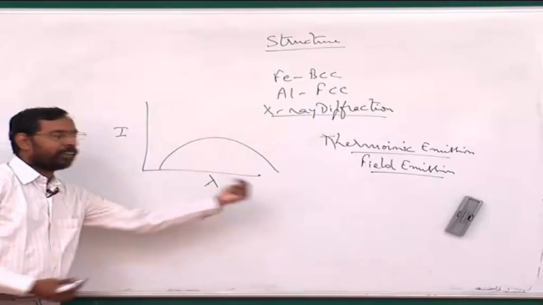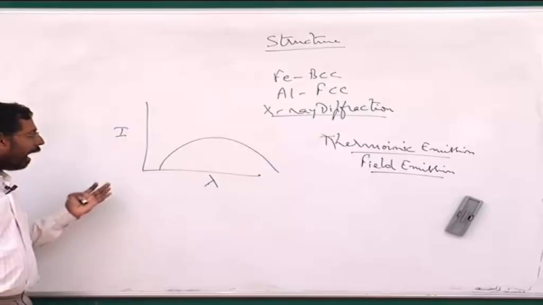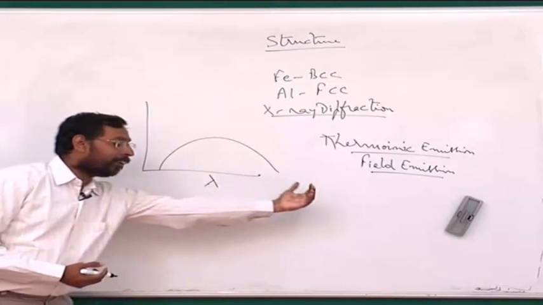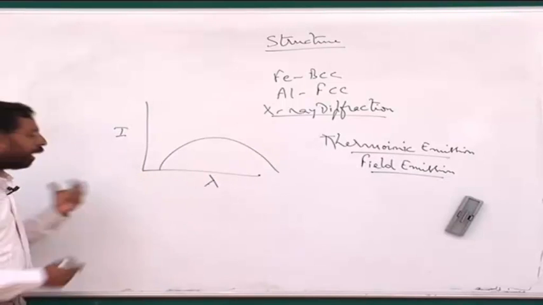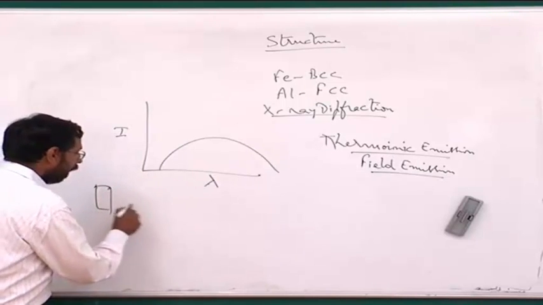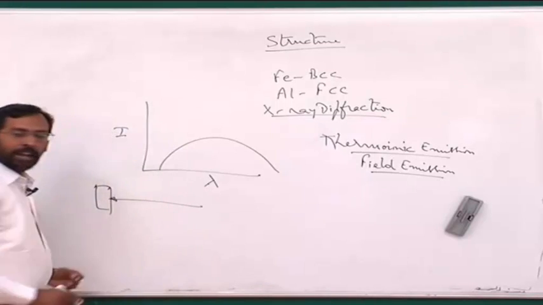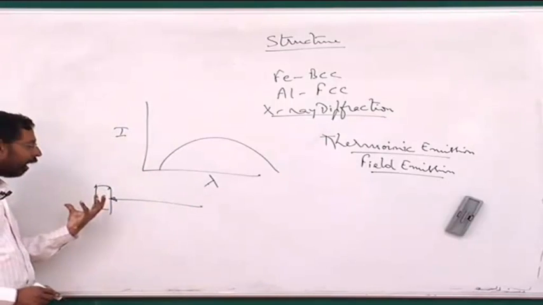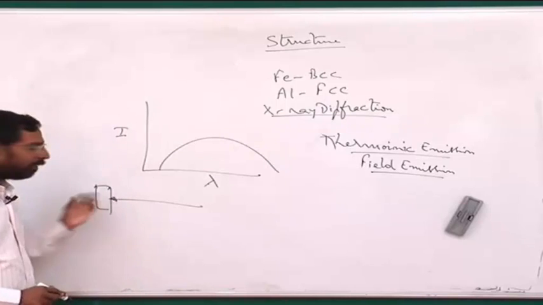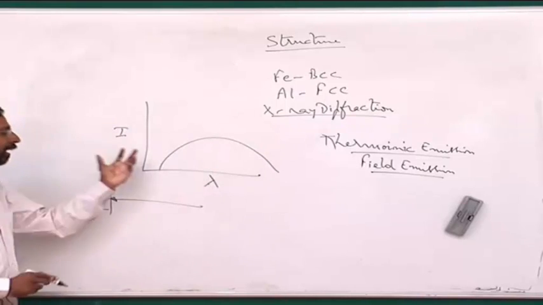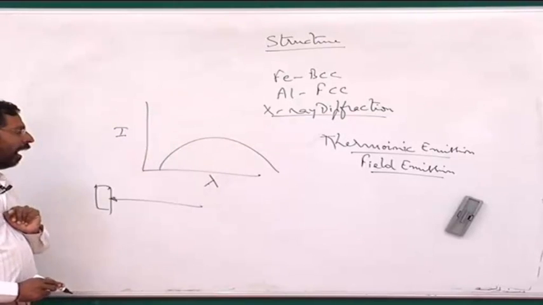Whenever the electrons are falling on the target material, they interact with it and scatter, and as a result you get X-rays of various wavelengths.